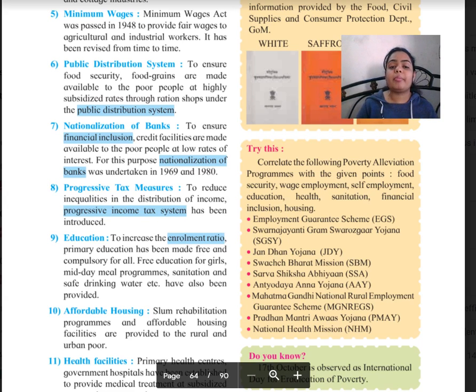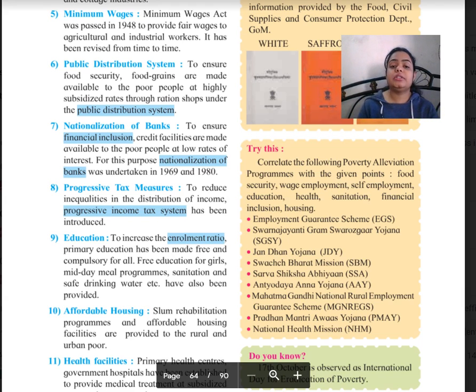Then next we have the public distribution system. To ensure food security, food grains are made available to the poor people at highly subsidized rates through ration cards under the public distribution system. So we know that the poor families have a ration card, and each ration card depicts a different class, showing in which class the family is ensured.